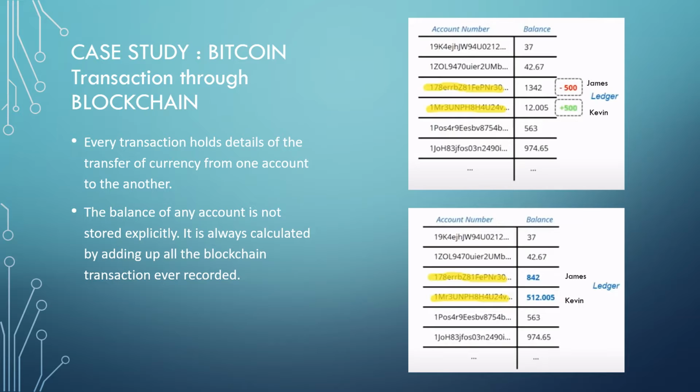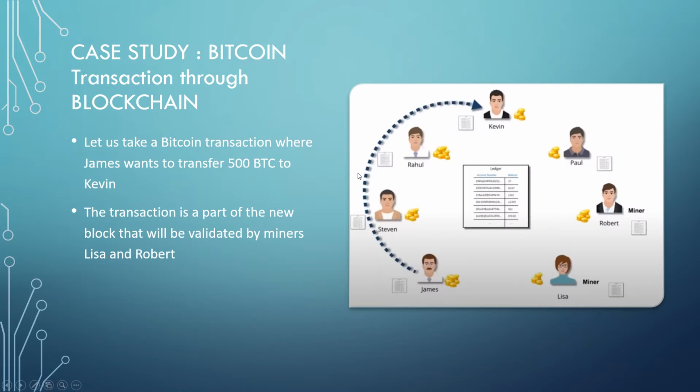Now consider one more case. James initiates 2 transactions, one to Kevin and one to Rahul. So let me take you to the previous slide. James initiates 2 transactions, one to Kevin and one to Rahul, each for 500 bitcoins, but he only has 500 bitcoins in his account.